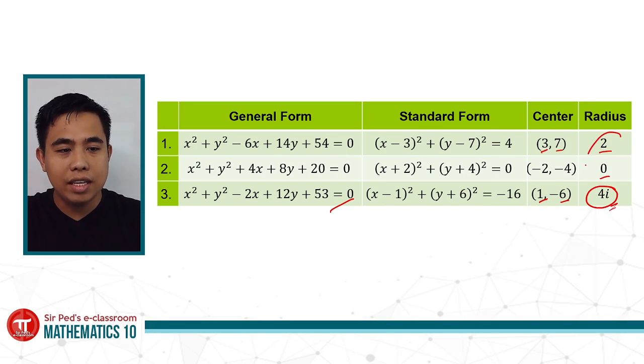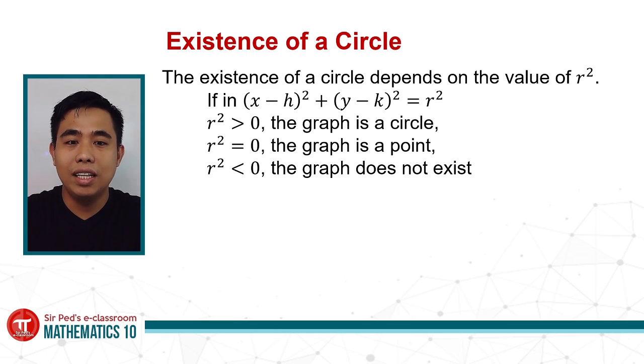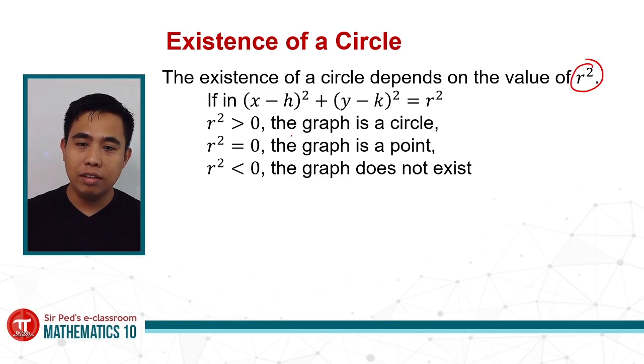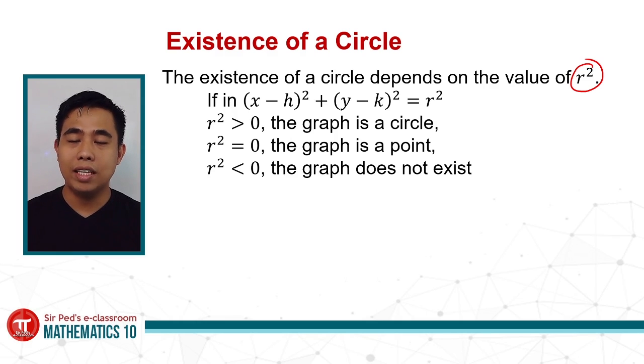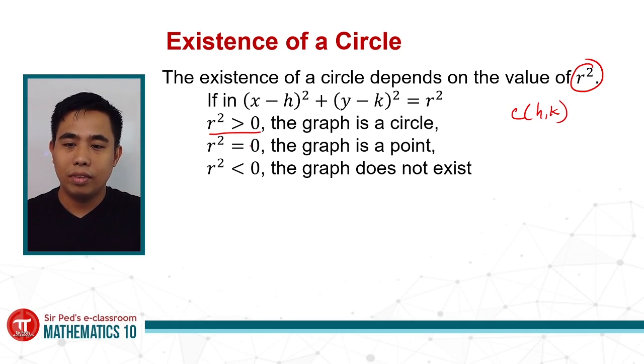So based on this observation, the existence of a circle depends on the value of r squared. If our equation is in standard form, (x minus h) squared plus (y minus k) squared is equal to r squared, wherein (h, k) is the center of the circle, the graph exists if r squared is greater than 0.